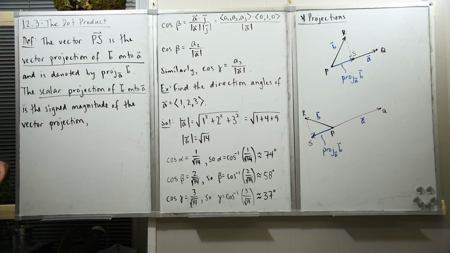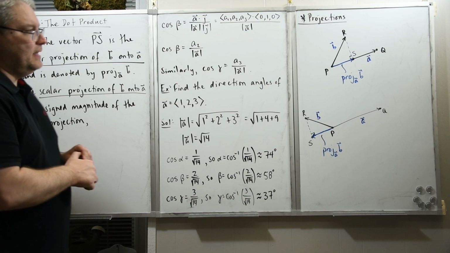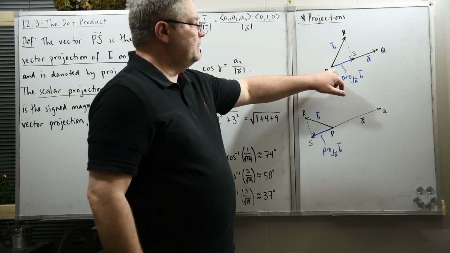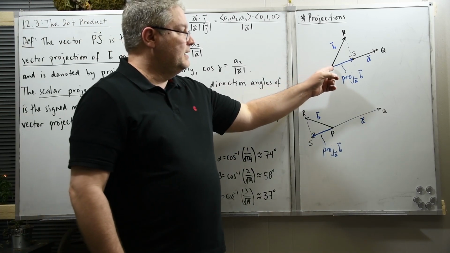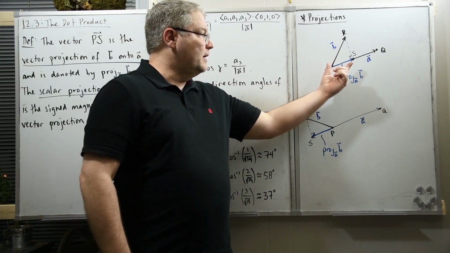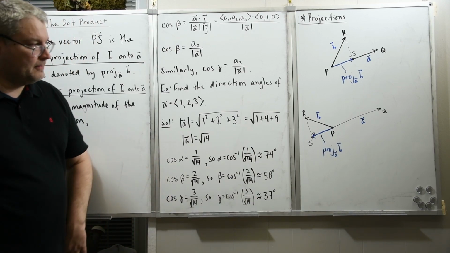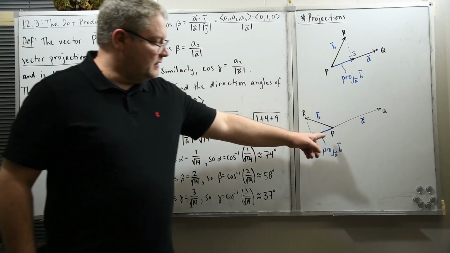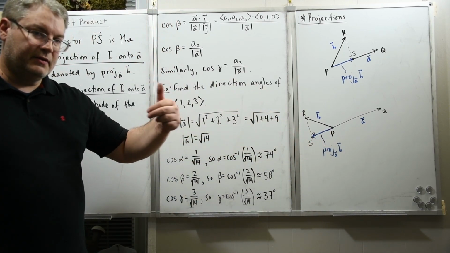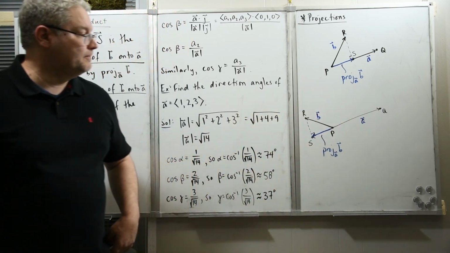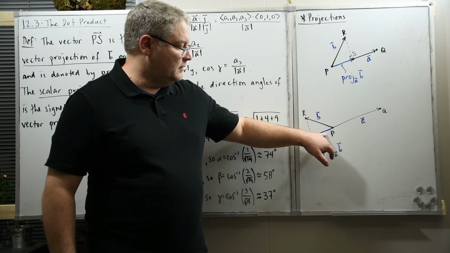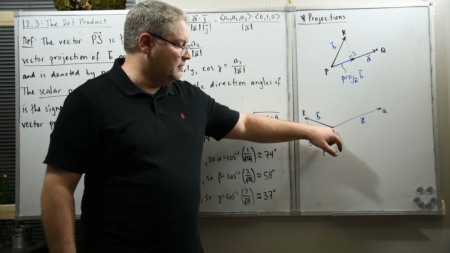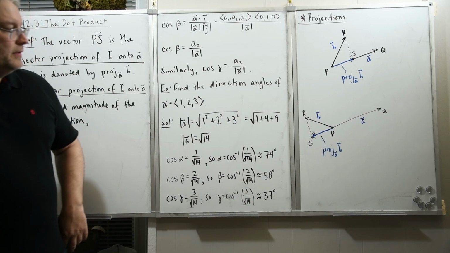Now, the signed magnitude of the vector projection. Well, in a case like this, we would be referring to the scalar projection of B onto A as whatever the magnitude of this projection vector is. But in a case like this, when the projection vector points in the opposite direction as the vector A, then the scalar projection would actually be negative the magnitude of this projection vector.